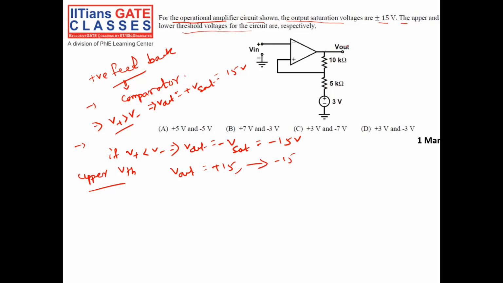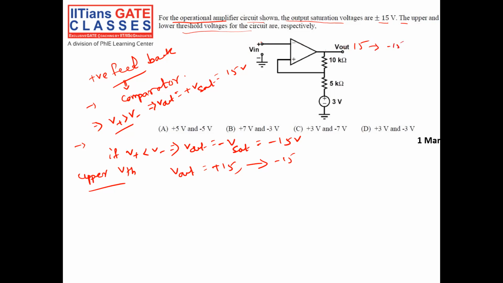In this question, suppose my V output is equal to plus 15. Let us generalize it. I want to know what voltage of V in will change my state from one state to the other. Suppose my V output is 15 volt. When will my V output go from plus 15 to minus 15?